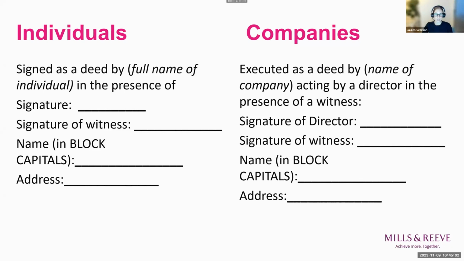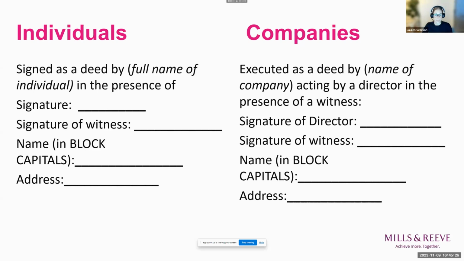And then you have the execution blocks. We'll look at these blocks shortly. And the third requirement is that it must be validly executed as a deed by either the company or the person signing it. Depending on who is executing the deed, there are also various legislative requirements which one has to comply with. And these can be pretty complex.